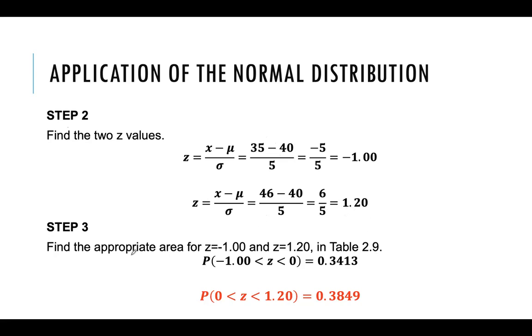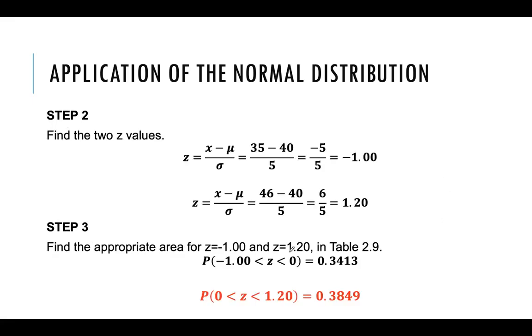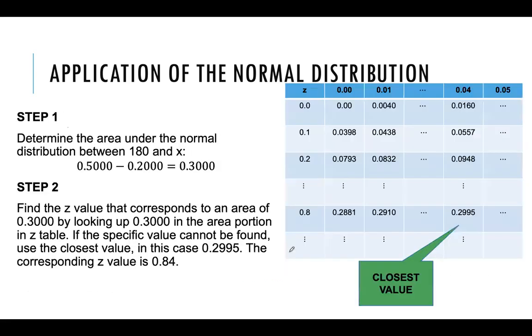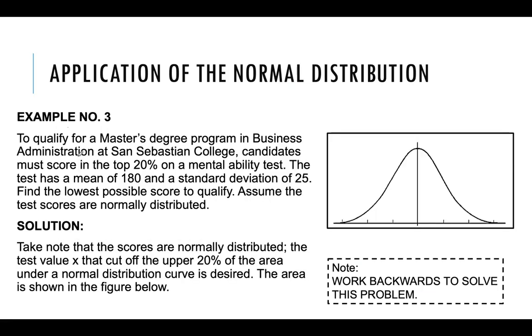Okay, so in table 2.9, class, we have to get the values for negative 1.00 and the Z value of 1.20. So let's check, class. Okay, 1.00 and 1.20. So for 1.00, 34.13. Then for 1.20, 38.49.